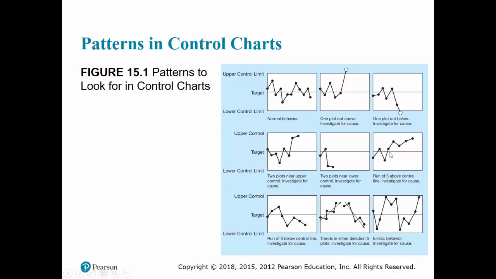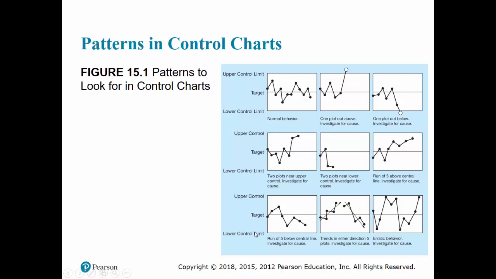Then we have what is called a run of 5. A run of 5 here means 5 sample means, or 5 R's if it is an R chart, falling on one side of the middle line. See here, the X bars are going up and down, but these 5 consecutive X bars are all in the upper half.